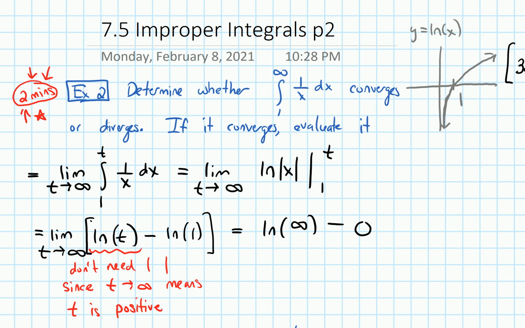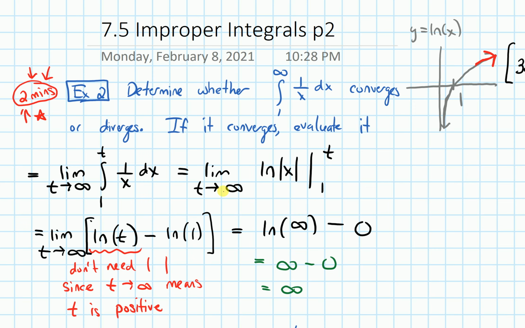So the part that we care about is, well, what's happening as the input gets really, really big? As x goes to infinity, ln of x is also going to infinity. The y values are also going to infinity. So ln of infinity is infinity. So we get infinity minus 0, which is infinity.